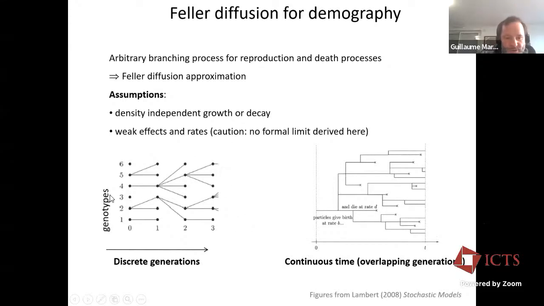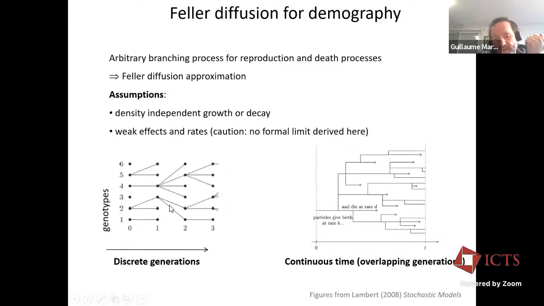You may have models that are discrete in time, so that generations don't overlap. You may have models that are overlapping, like the birth-death process here, and this is, I guess, a branching process, discrete in time. But in both cases, if the expected change in log size of your lineages is small compared to the variance in the change in log size, you can take a diffusive limit to the size of the population.